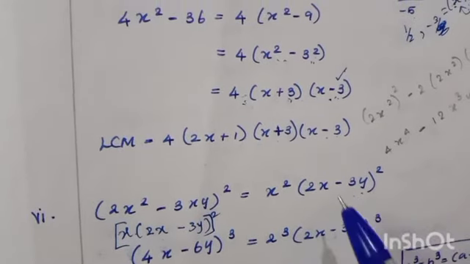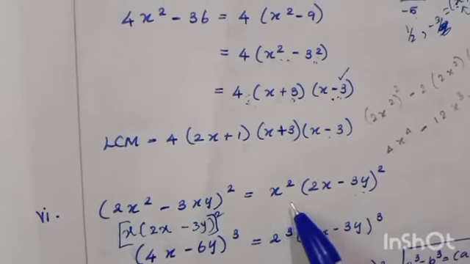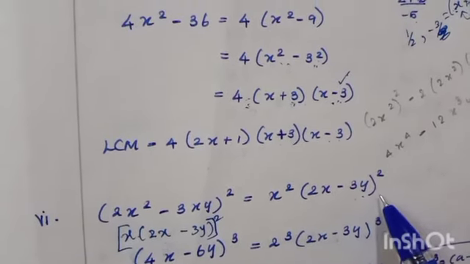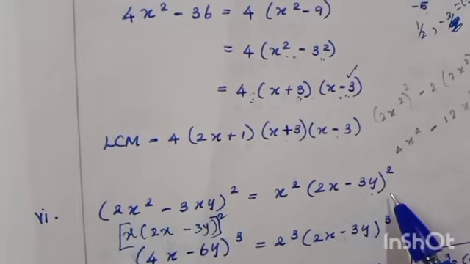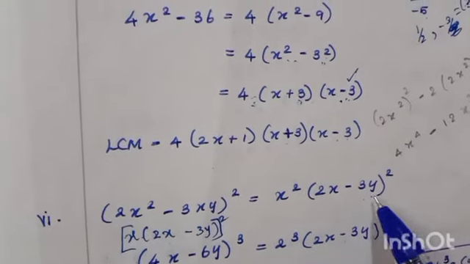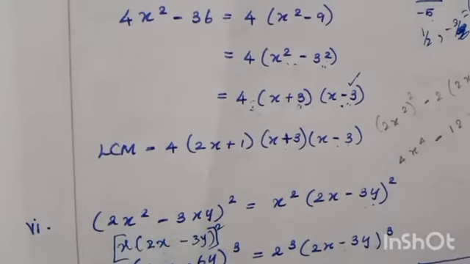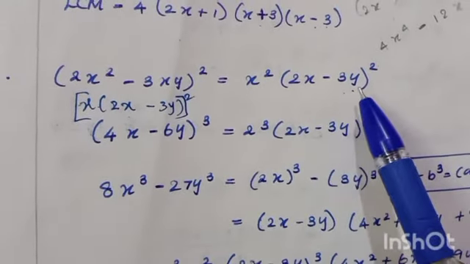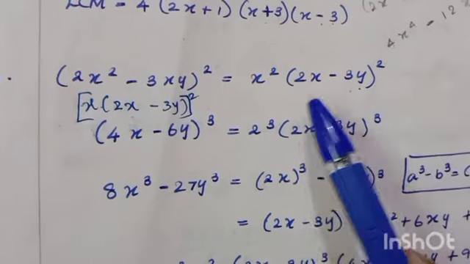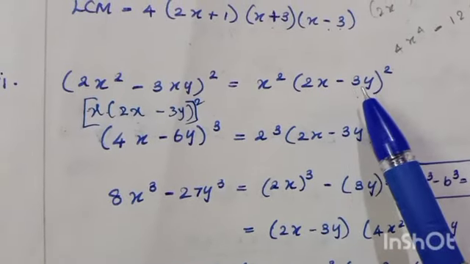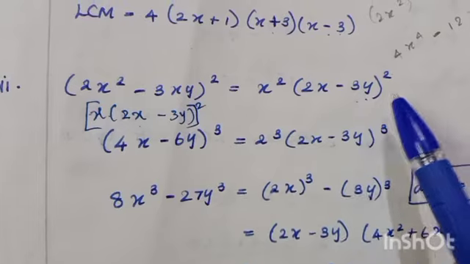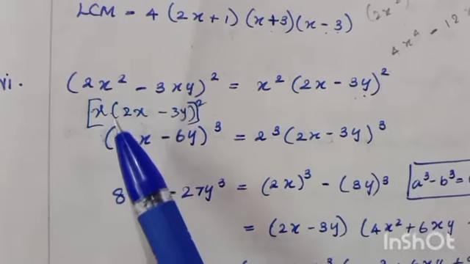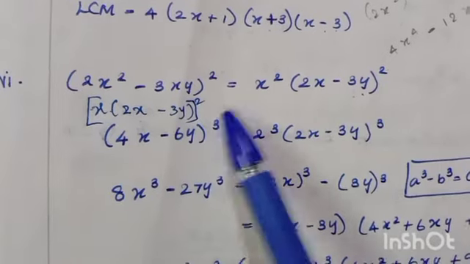It is in the form a minus b whole square, a square minus 2ab plus b square. When the identity is useful we will use it, otherwise just keep what we found here. So that is x square into 2x minus 3y whole square.